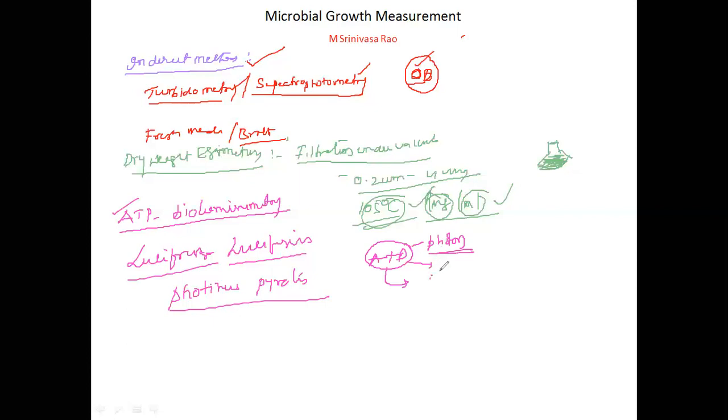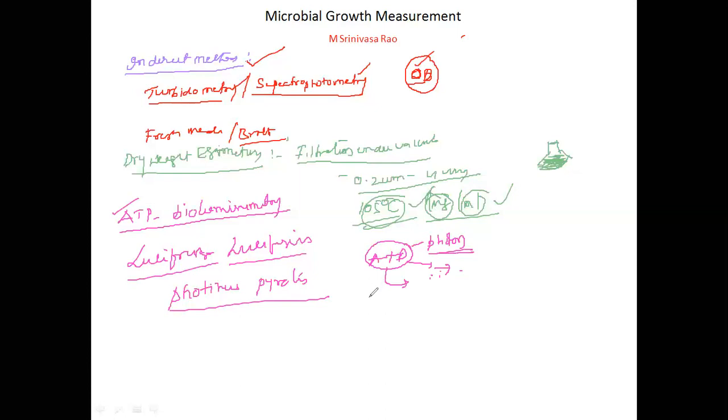The light generated can be detected in a bioluminometer, and the signal will be amplified and expressed digitally or in analog, so that light intensity is directly proportional to the presence of ATP molecules. This procedure is very rapid and sensitive. Under optimum conditions, 10 femtomoles of ATP can be detected.